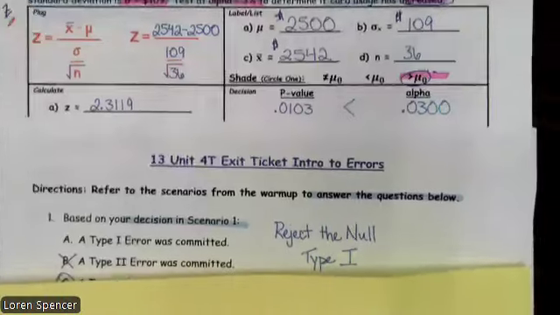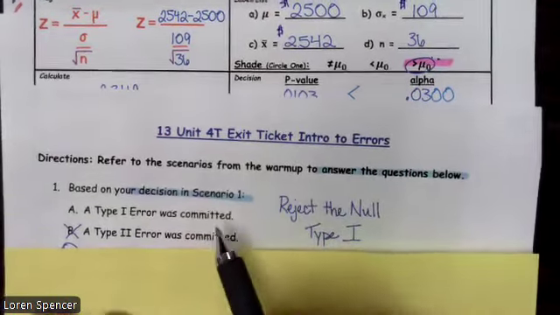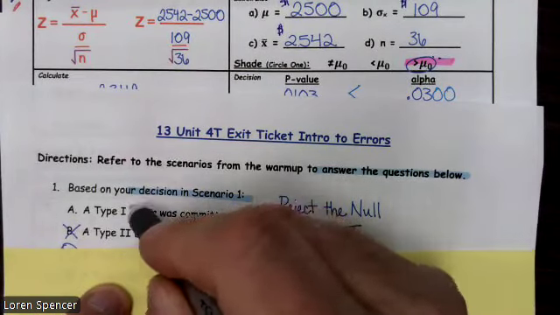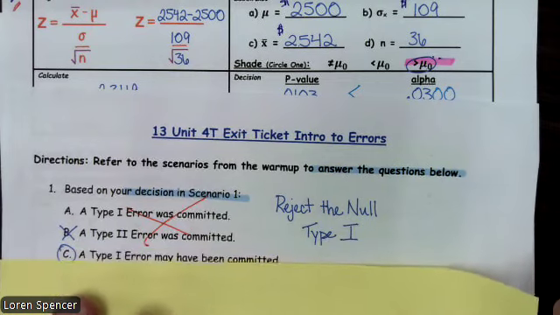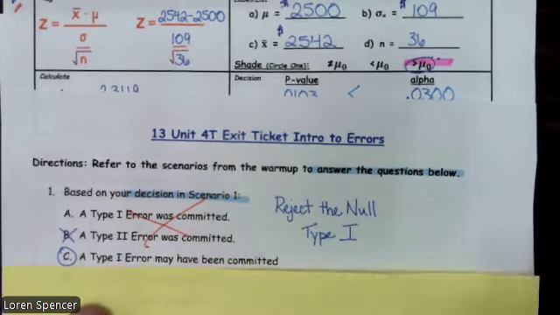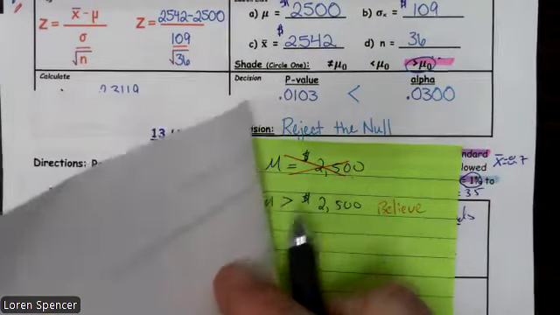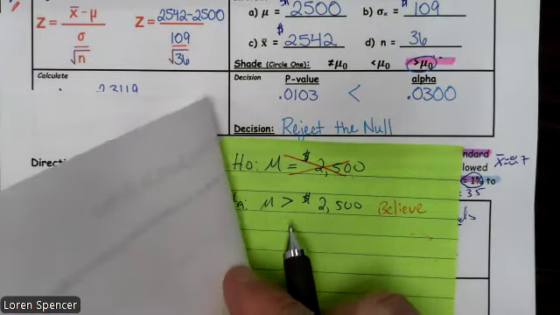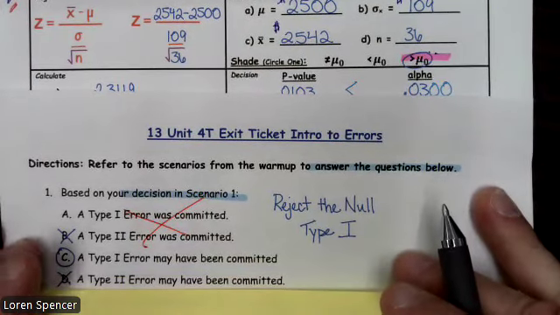You're not assured that you made a type 1. So anytime you see "a type 1 error or type 2 was committed," we can pretty much eliminate those answers because it's not going to be that. A type 1 may have been committed, yes, because we rejected the $2,500 claim and believed the alternative. That's a type 1, could be a type 1.